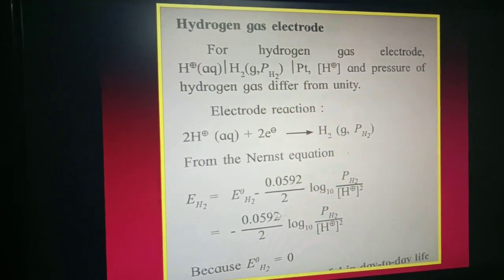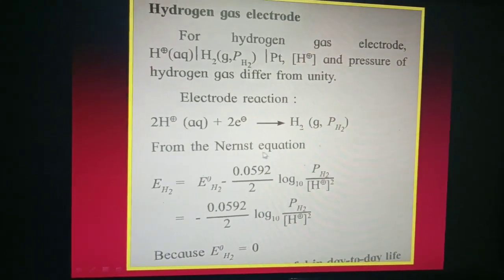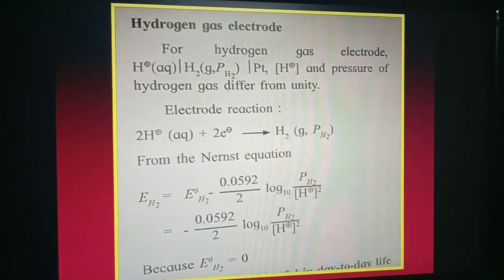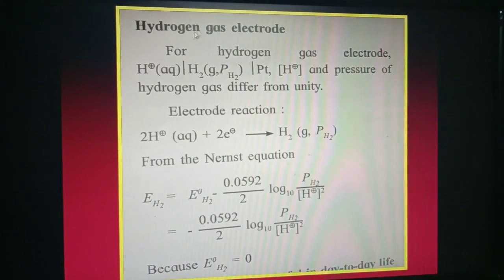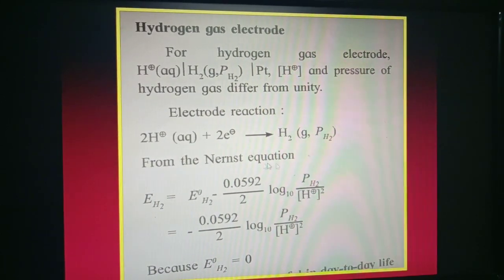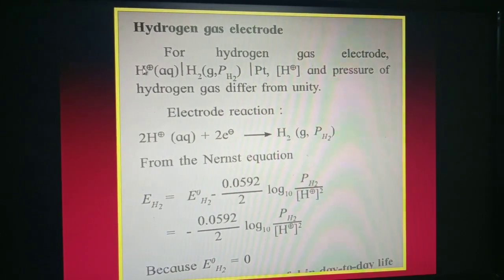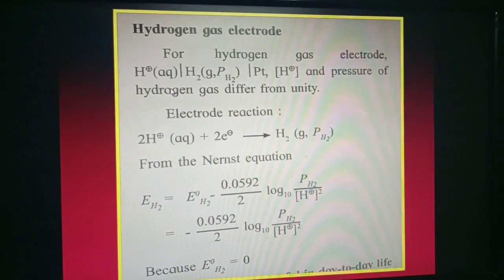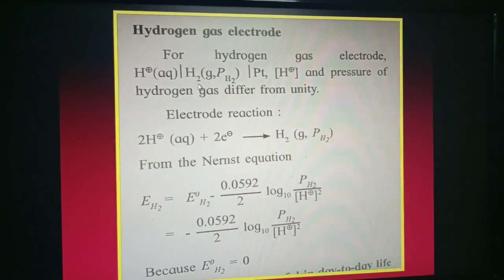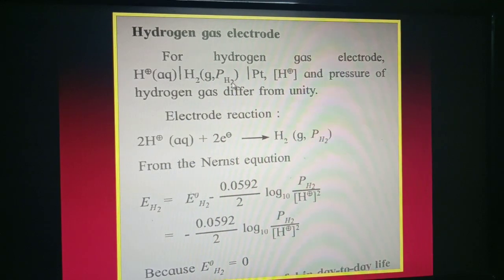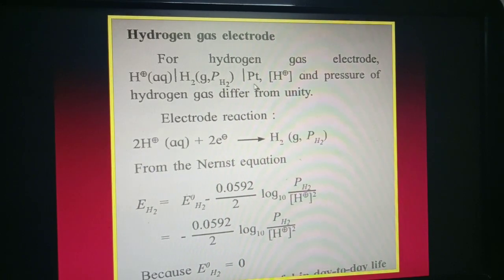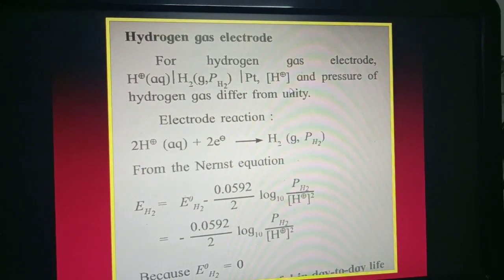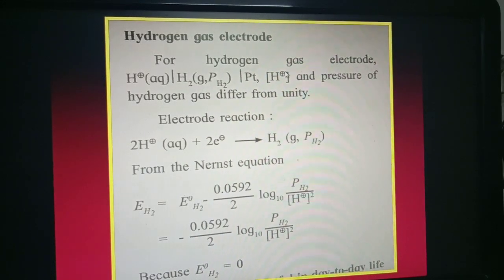Now here, this is how Nernst equation is used to explain the hydrogen gas electrode. We can determine electrode potential of hydrogen by means of Nernst equation in the following manner. So the reaction is H+ aqueous in direct contact with H2 gas whose pressure may be 1 atmosphere here, in direct contact with platinum, in contact with H+ ions.